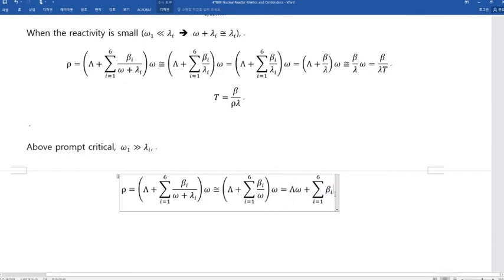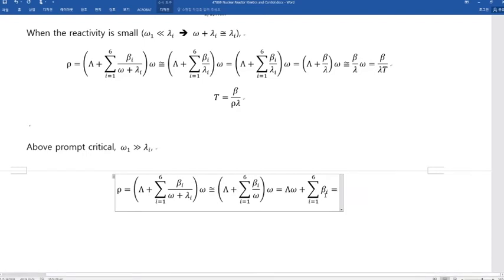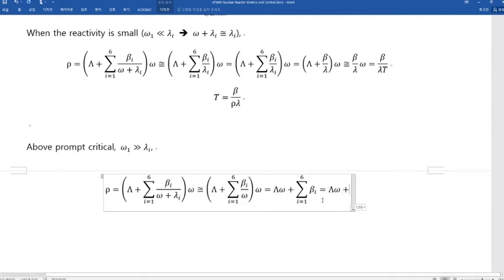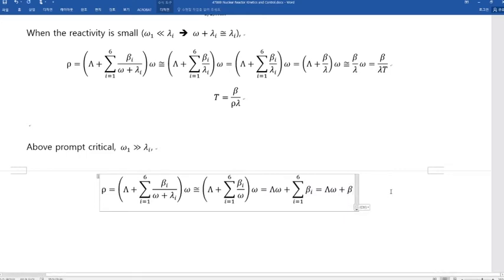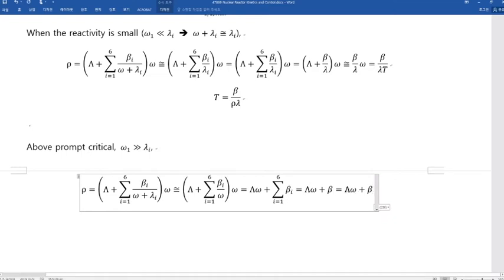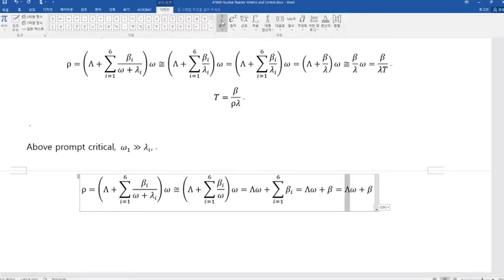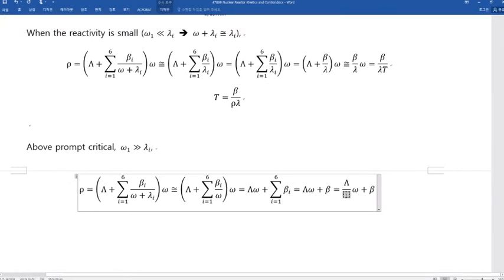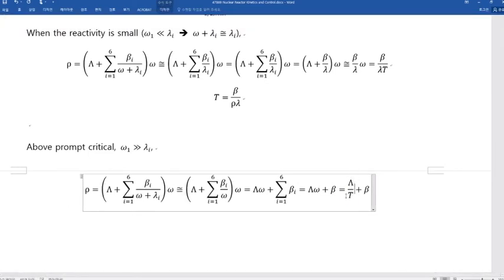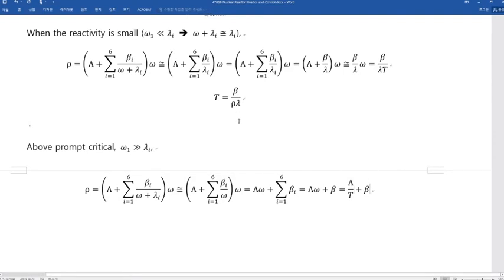And now, what is this? The sum of all beta i's is simply beta. Of course, this one corresponds to the inverse of the reactor period. So the relation will be something like this.